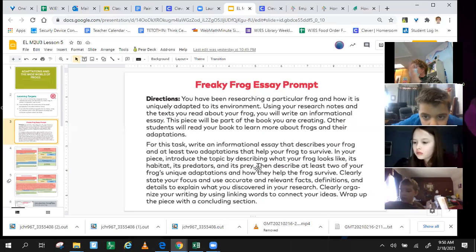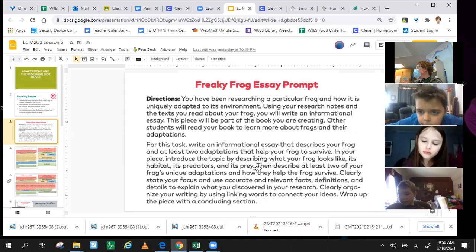The focus of your essay is what makes your frog unique and helps it survive. So, do you want to talk all about those adaptations in your paragraph? No, because those are other paragraphs, aren't they? So when you say what your frog looks like, you don't want to describe all of those cool adaptations. You just want to give a basic description.